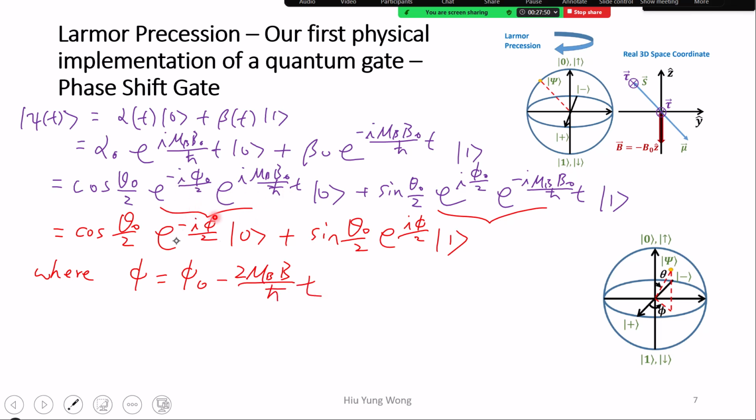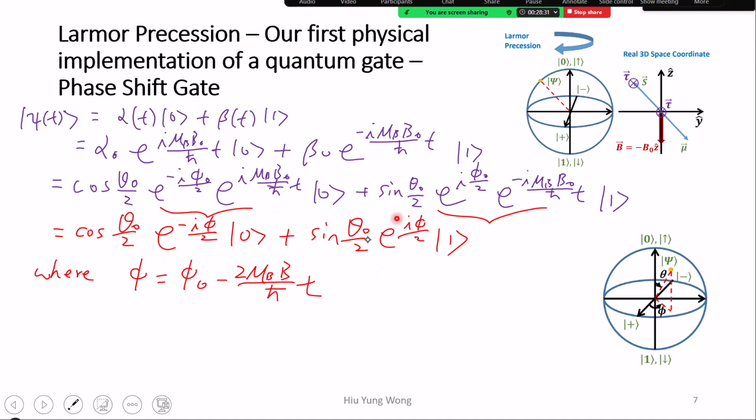If I multiply these two together, then it's just the addition of the exponents. I take out negative i over 2. Then the first one is phi 0. This one, take out negative i over 2. Then, of course, it becomes negative. I don't have 2, so I need to multiply by 2, right? Is that okay? If you go to here, it is the same. By using the same definition, I take out i over 2, then I'm left with phi over 2. I take out i over 2, then this needs to be negative 2 mu b 0 over h bar t.